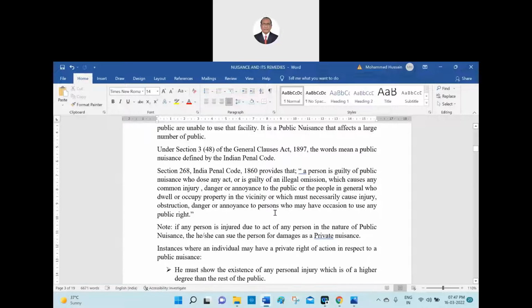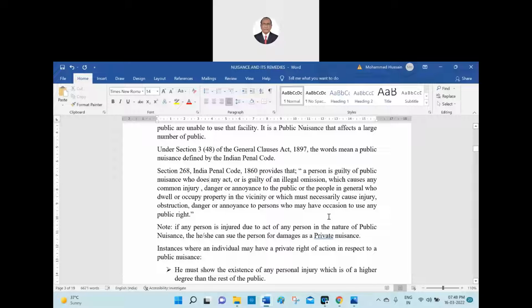So under Section 268 of the Indian Penal Code, 1860, it provides that, I quote, a person is guilty of a public nuisance who does any act or is guilty of an illegal omission which causes any common injury, danger or annoyance to the public or the people in general who dwell or occupy property in the vicinity, or which must necessarily cause injury, obstruction, danger or annoyance to persons who may have occasion to use any public right.